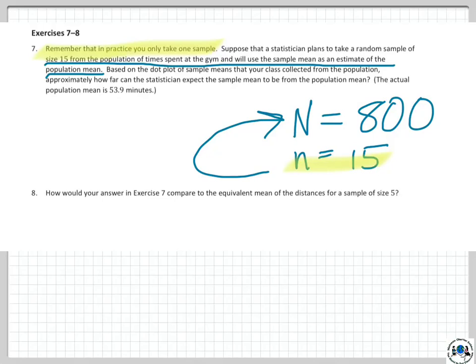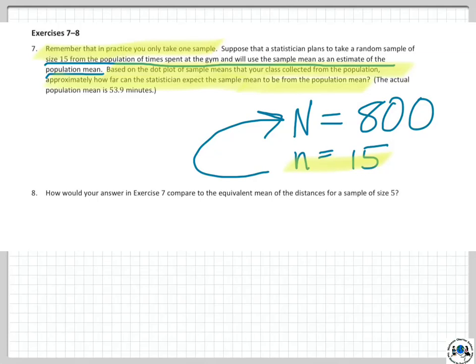Okay, so let's go ahead and talk a little bit about this here, number 7. So based on the dot plot of sample means that your class collected, I'm going to show you something I got from the teacher guide. Approximately how far can statisticians expect the sample mean to be from the population mean?